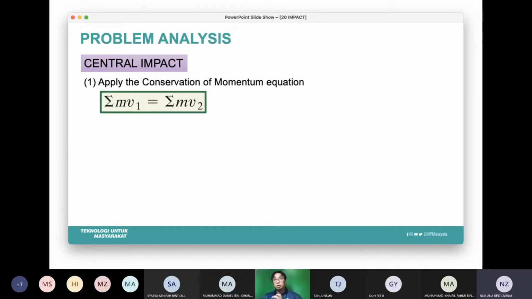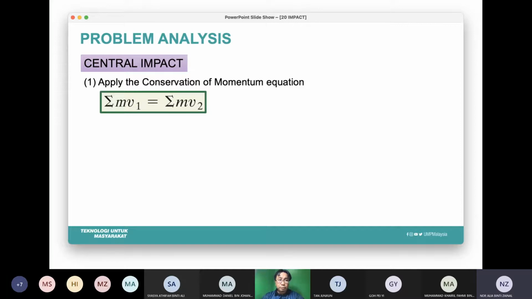So in order to solve problems related to impact, yang pertama ialah to apply the conservation of momentum equation, iaitu summation of mv1 sama dengan summation of mv2. Nanti kita tengok contoh.